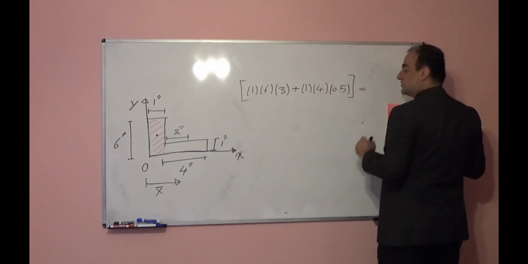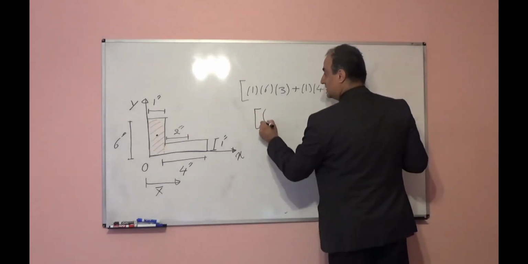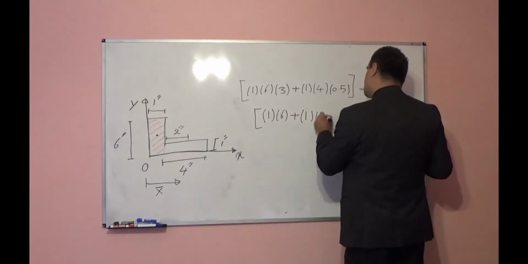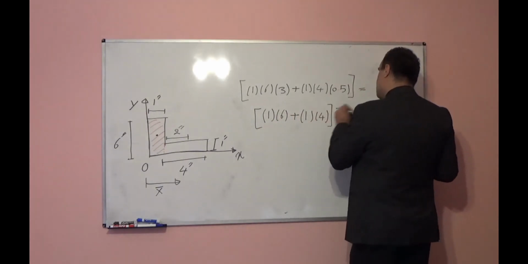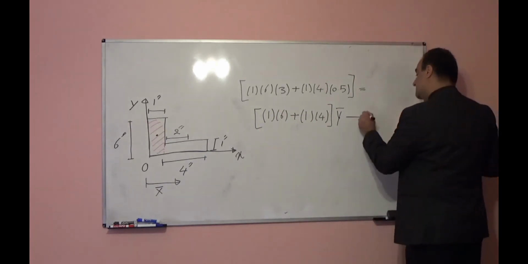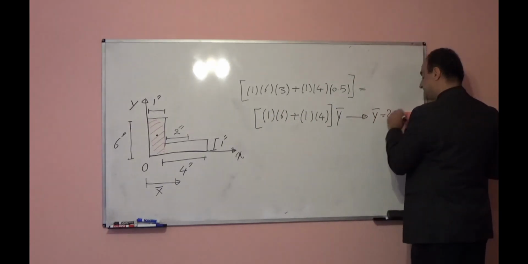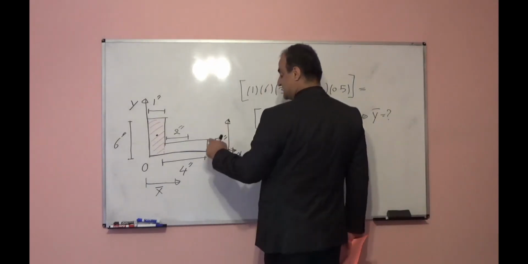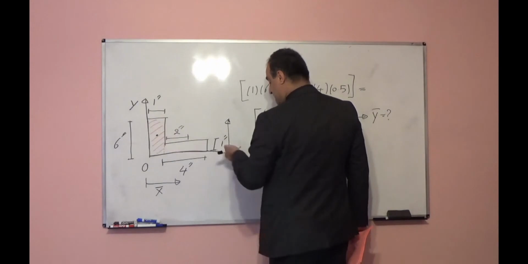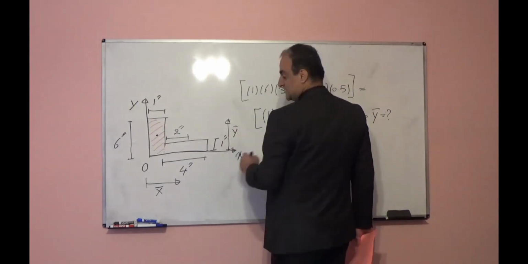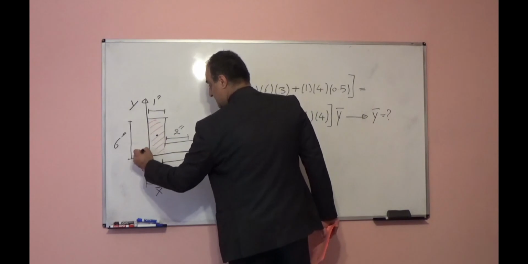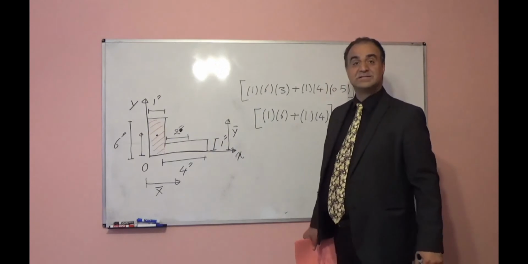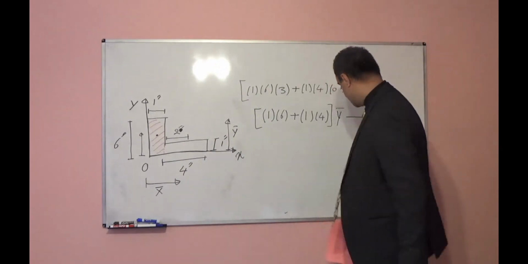This should be equal to total area, which is 1 times 6 plus 1 times 4, times y bar. So from here I can find y bar. Y bar means the centroid distance for this object up to x-axis. So x bar, y bar, intersection point will show us the centroid location.